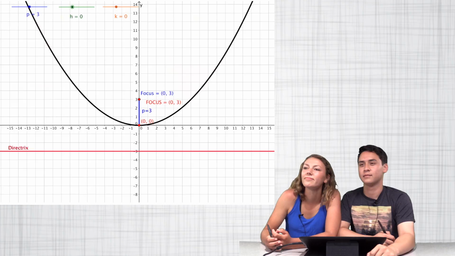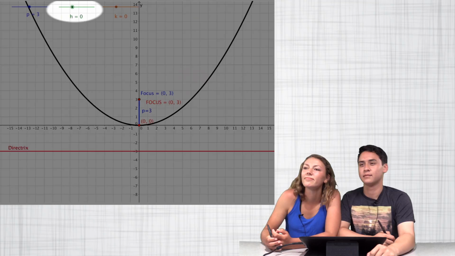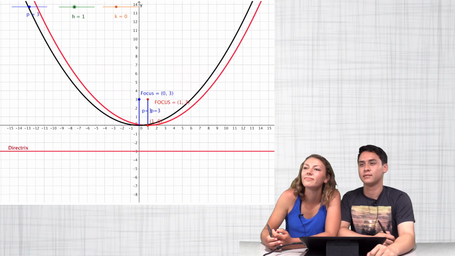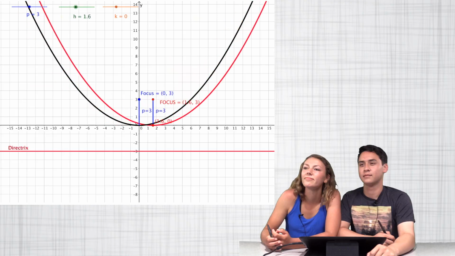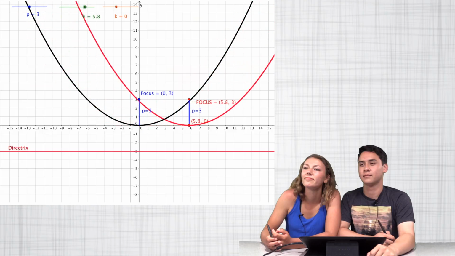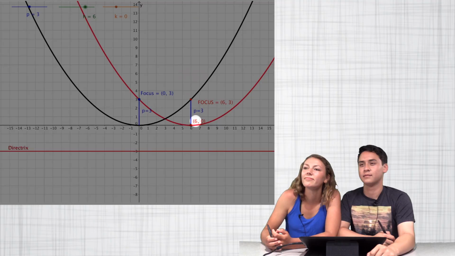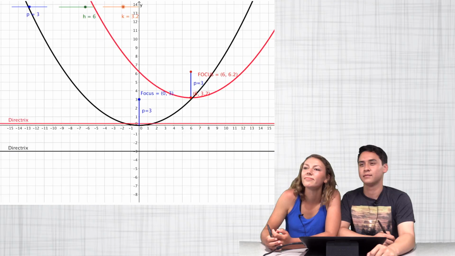Sasha and Keone made several discoveries. If they change the value of H, the base parabola moves side to side. So if they increase the value of H to 6, the x value of the vertex of the new parabola will also be 6. Changing the value of K moves the parabola up and down.